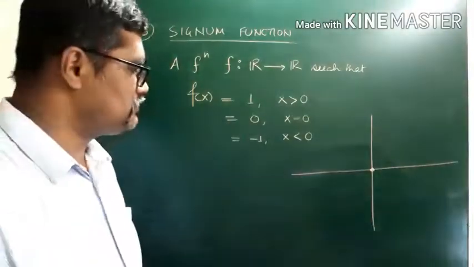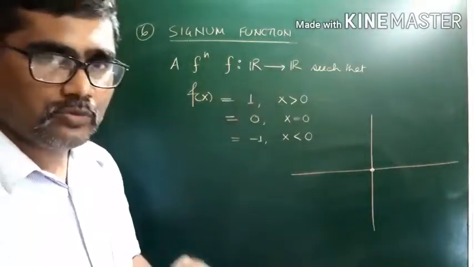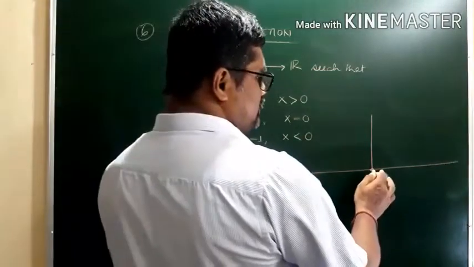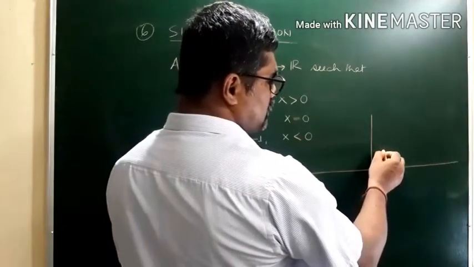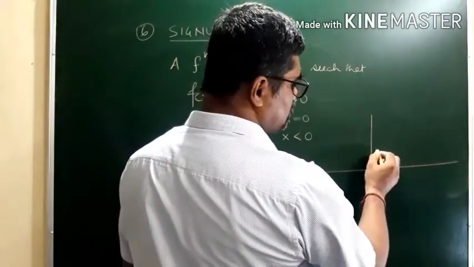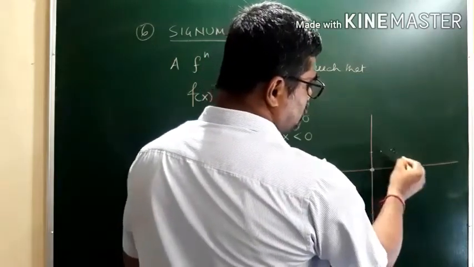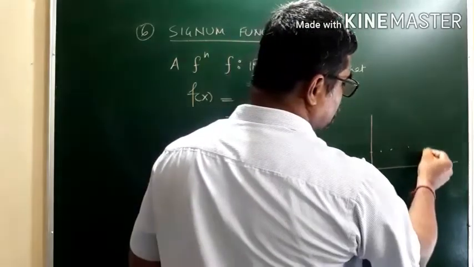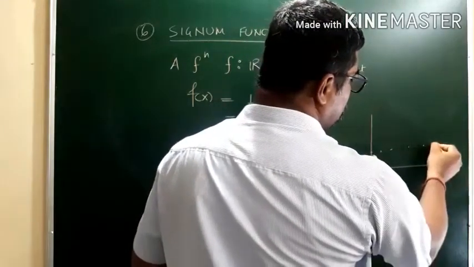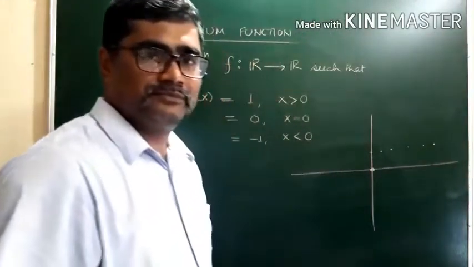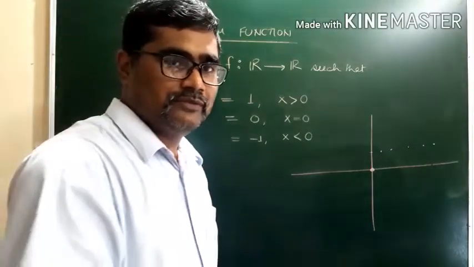First, all positive. 1 is the output, right? Suppose you have taken any point here on the positive side. Up to where you have to move? If this is 1, you have to move up to 1. Then if you take 2, 1. If you take 9, 1. If you take 100, 1. If you take 1000, 1. If you take 0.5, 1.